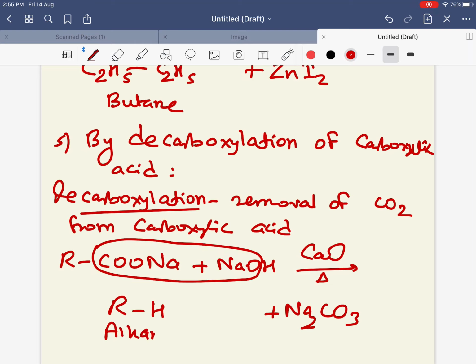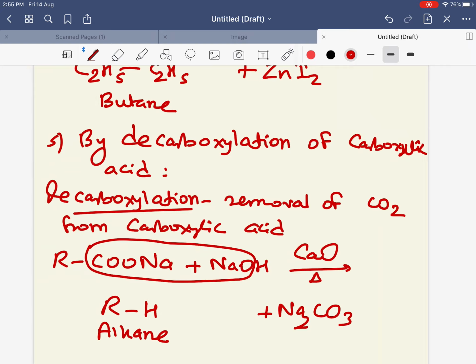So we'll get alkane as a major product, and this reaction is known as decarboxylation of the carboxylic acid. So in that reaction we can prepare alkane from the sodium salt of carboxylic acid.